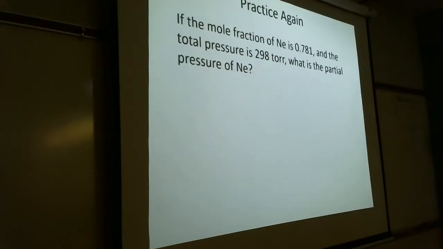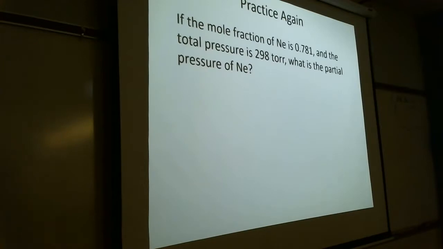Everybody good? All right, what about this one? If the mole fraction of neon is 0.781 and the total pressure is 298, what is the partial pressure of neon? Do we have to do some nasty math here?